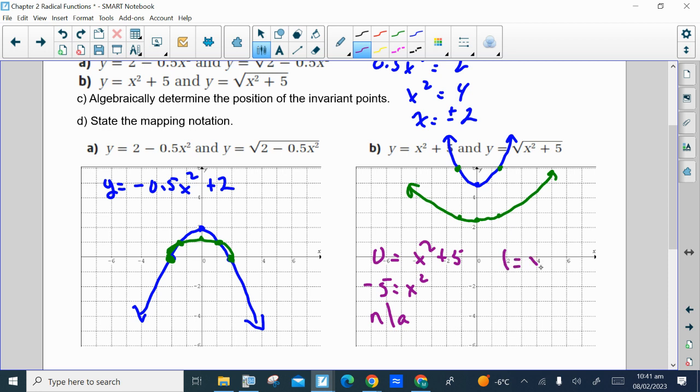And where we let y equal 1, the same thing is going to happen because you're going to get a negative value on the other side when you subtract 5 from both sides. So we're showing algebraically that there are no invariant points because there's nowhere where the original graph equals either 0 or 1. And the mapping notation is the same.